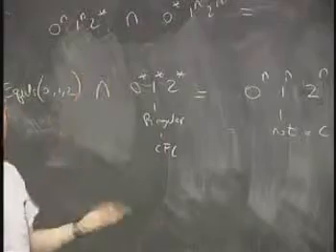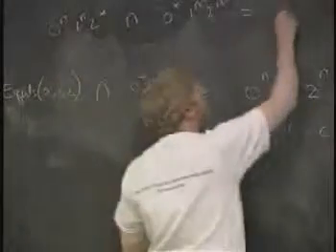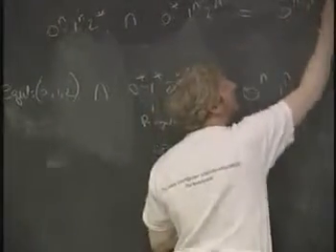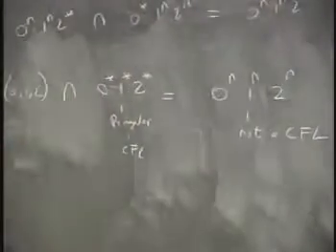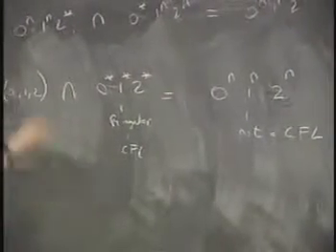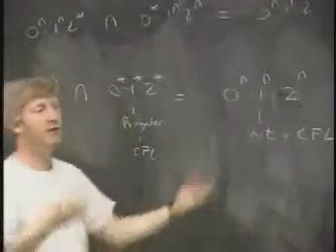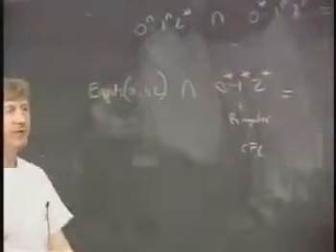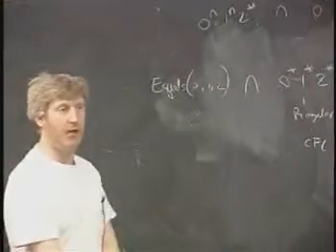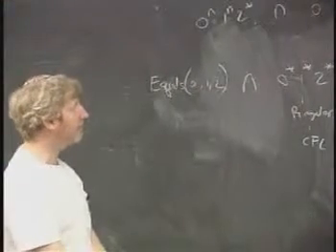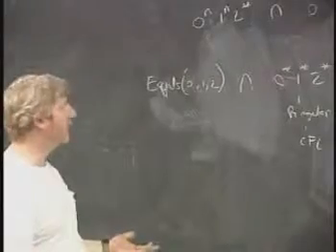Take their intersection, what is it? 0 to the n, 1 to the n, 2 to the n. Things that are in common with all these are things that they're all the same. So here's two context-free languages. Their intersection is a non-context-free language. Contradiction to the fact that context-free languages might possibly be closed under intersection. They're not. So if they're not closed under intersection, it's just too bad. This is not a context-free language.